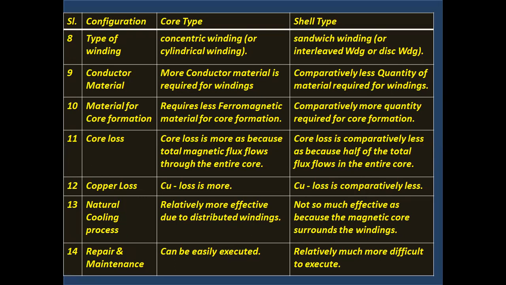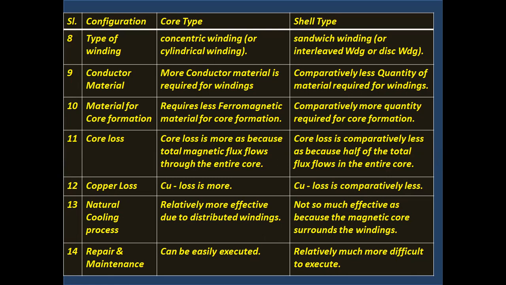Type of winding: concentric winding or cylindrical winding, whereas for shell type, sandwich winding, interleaved winding or disc winding. Conductor material.